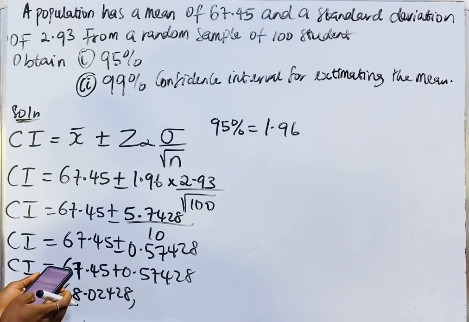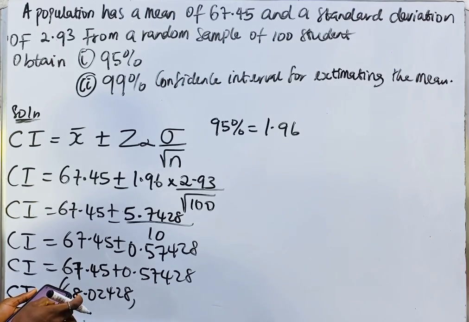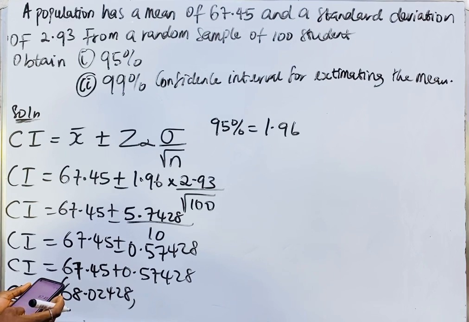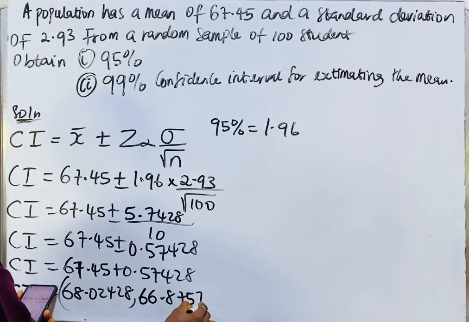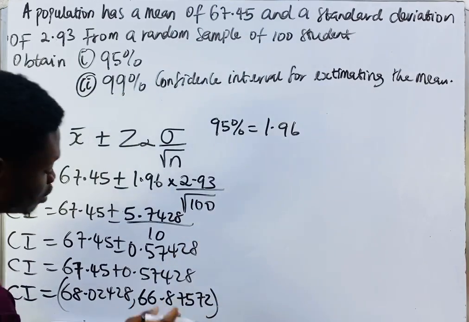We have plus or minus, so we put minus there: 67.45 minus 0.57428, giving us 66.87572, right?